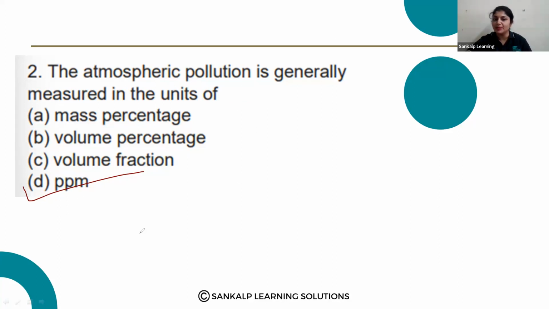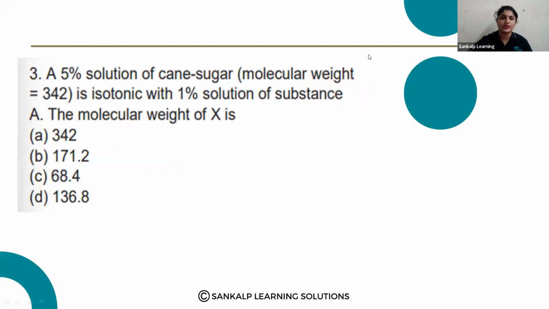And ppm tells you about the smallest quantities. It is useful to detect small entities. So the pollutants present in the atmosphere can be measured in ppm. So this is the second question. The answer is ppm, parts per million. Next we'll go for the next question.